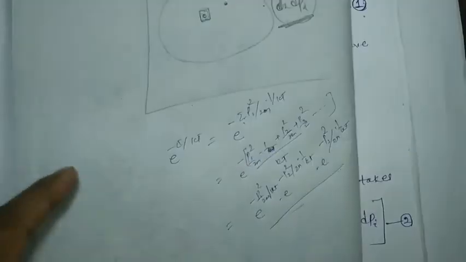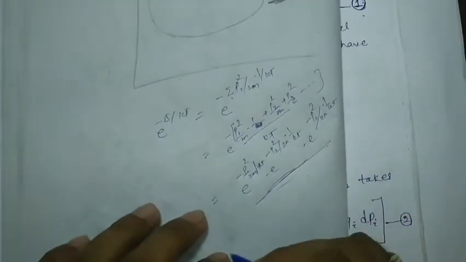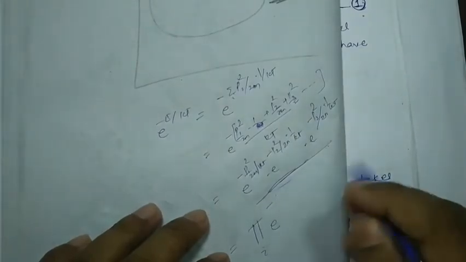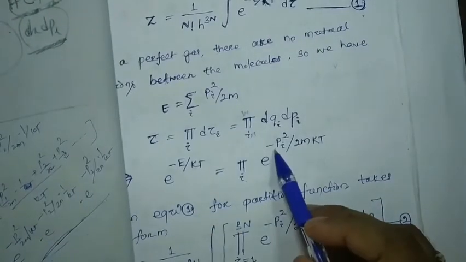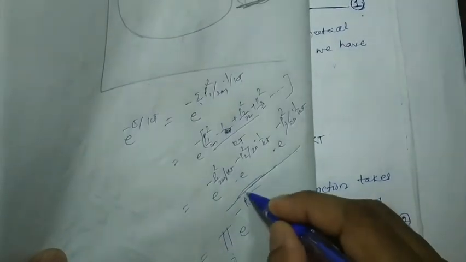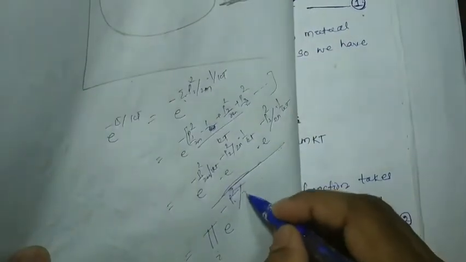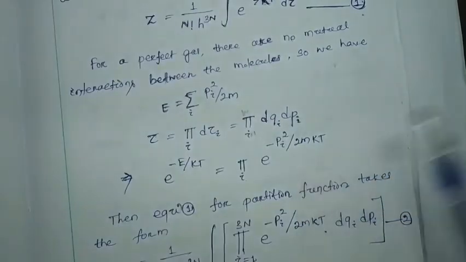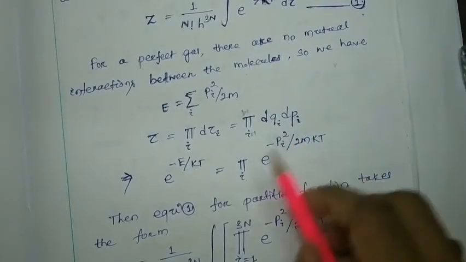Or this can be written as the product over i of e to the power minus pi square by 2mkT. So here I omitted that step which I explained.